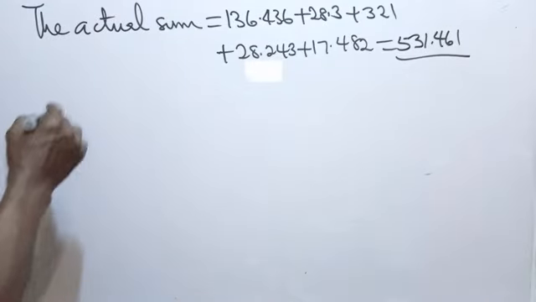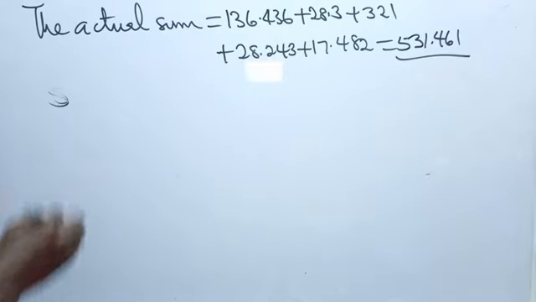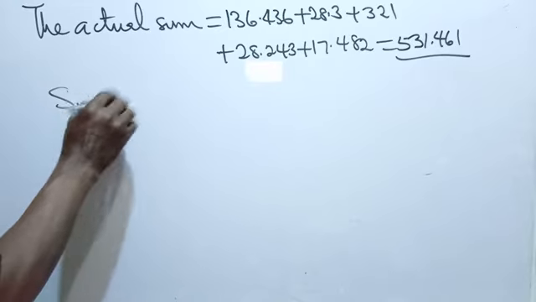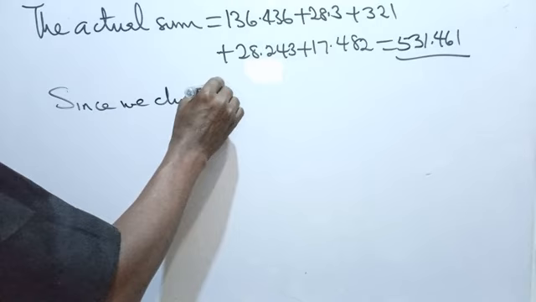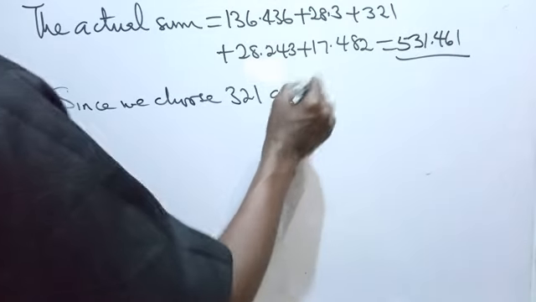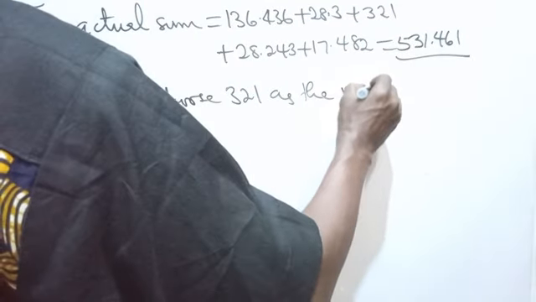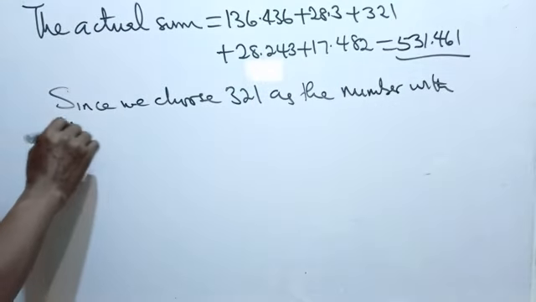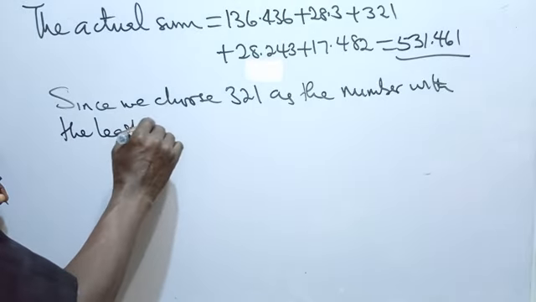What do I mean? Since we choose 321 as the number with the least decimal.